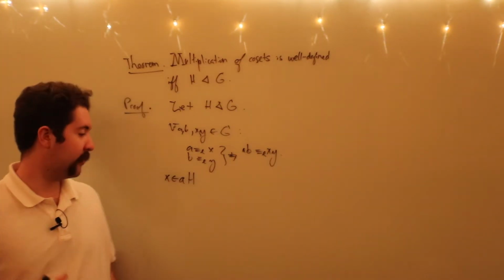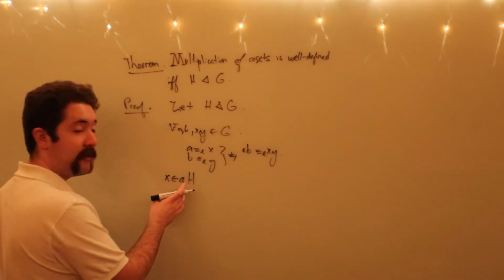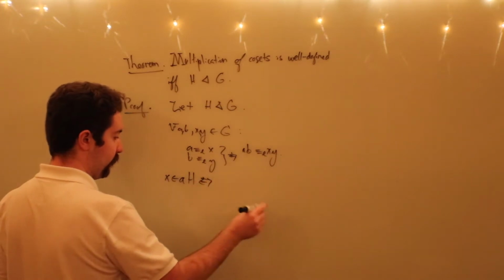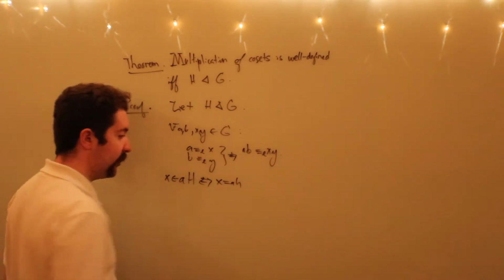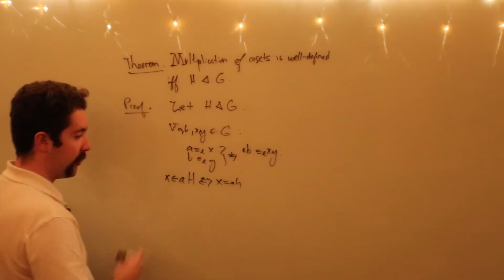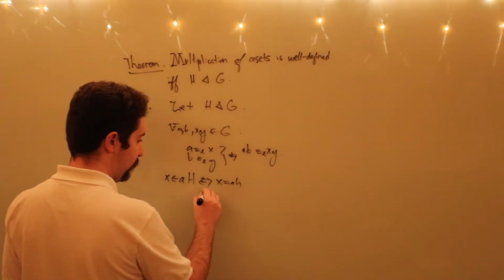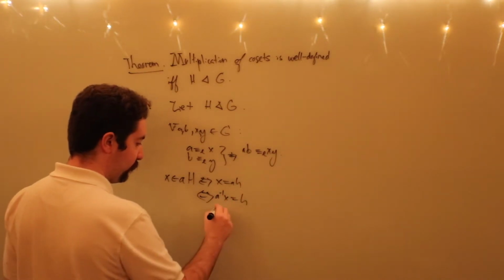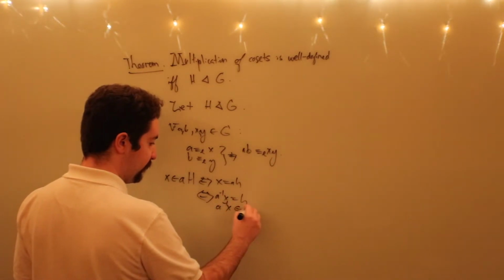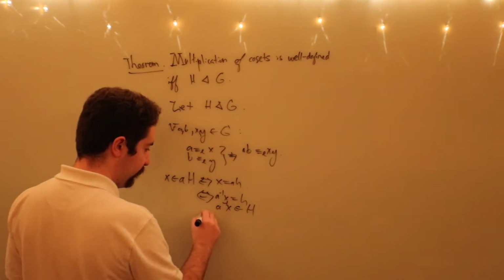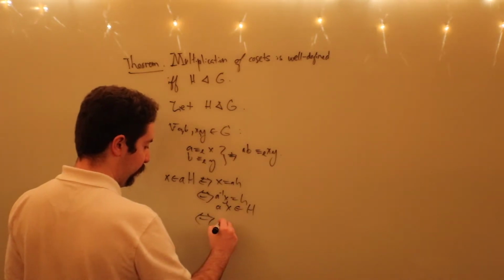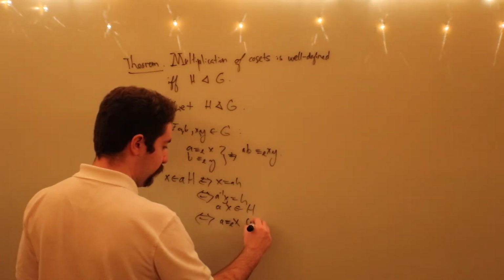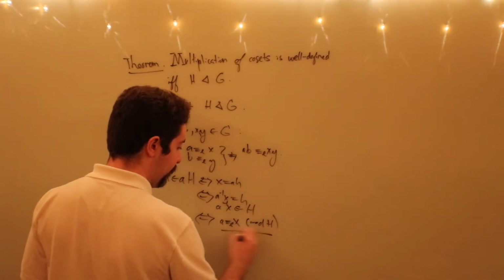Now starting from the other definition, X is in the left coset of H in G by A if and only if X is equal to A times little h for some element of the subgroup H, which means that A inverse X is equal to h, which means A inverse X is in the subgroup H, which is, once again, if and only if A is left congruent to X mod H, by definition of congruence mod H, right?